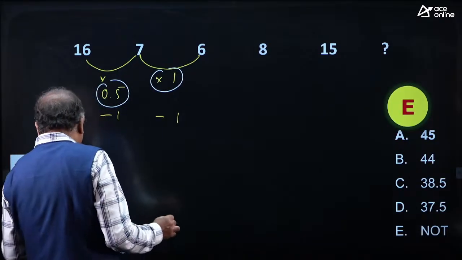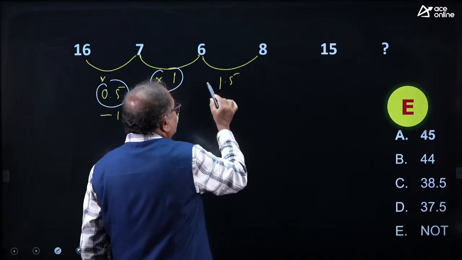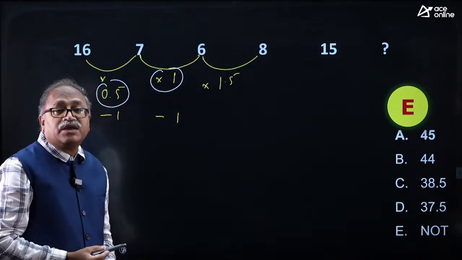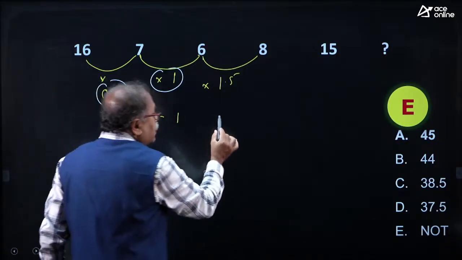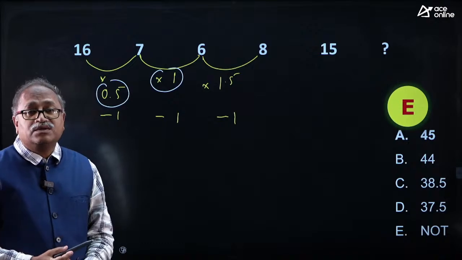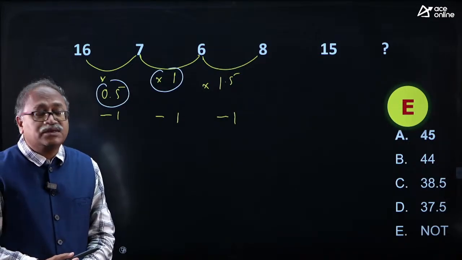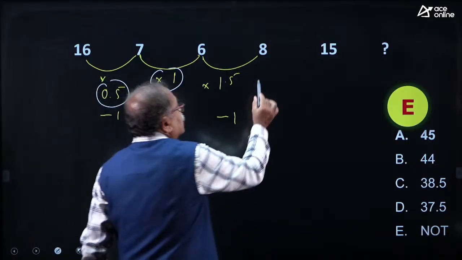So what if I take the next one from here to here, that is into 1.5, so I will get 9. 6 into 1.5 I will get 9, from 9 if I take out 1 I will be getting 8. So the relation is established.